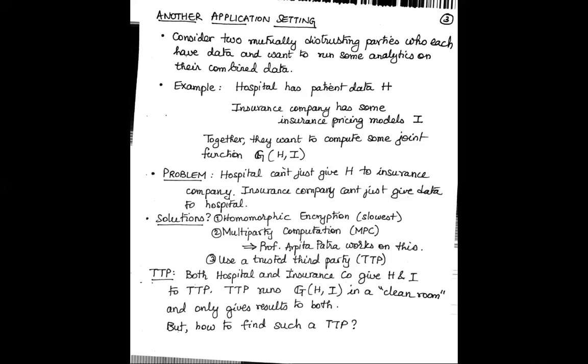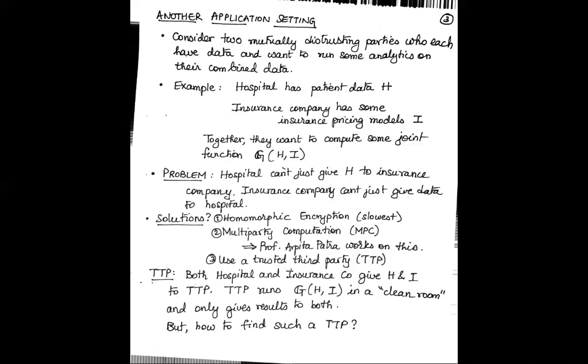It's a so-called clean room, where the data of both of these mutually distrusting parties is brought in together, and the trusted third party runs the computation there and then scrubs the clean room. So when the trusted third party leaves, no trace of H or I is there. The only thing that's available is G of H, I, and the trusted third party gives the results G of H, I to both the parties.